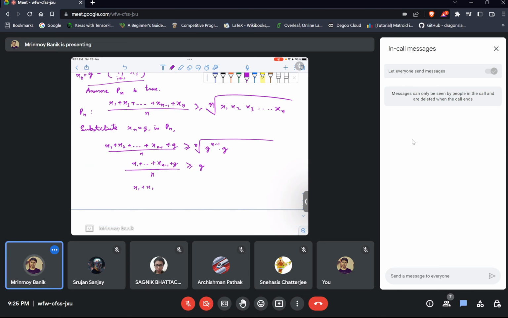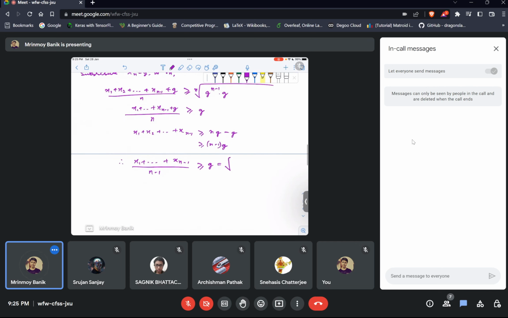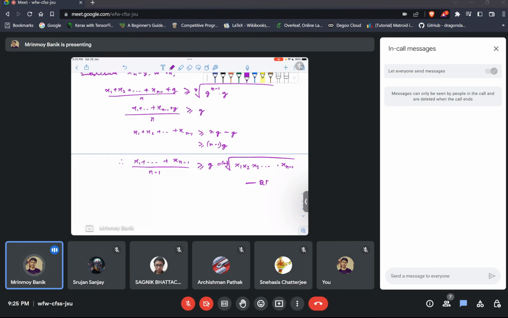So x1, x2, up to xn minus 1 is greater than or equal to nG minus G, that is n minus 1 times G. And G, as we know, is the n minus 1th root of x1, x2, x3 up till xn minus 1, the product of the first n minus 1 numbers. So here we have, this is squared for now.